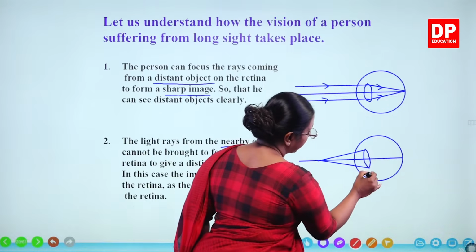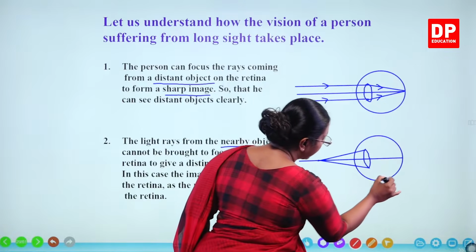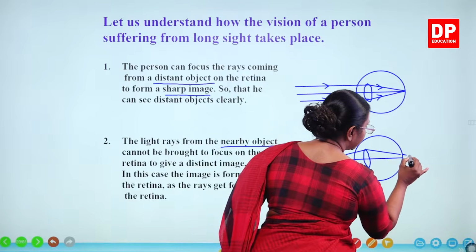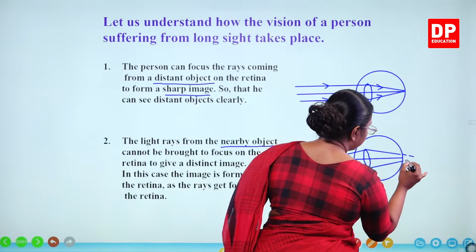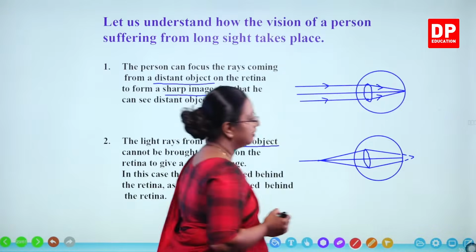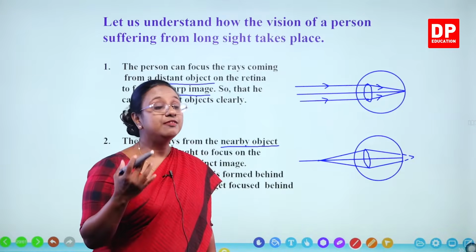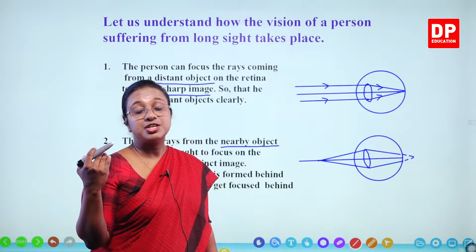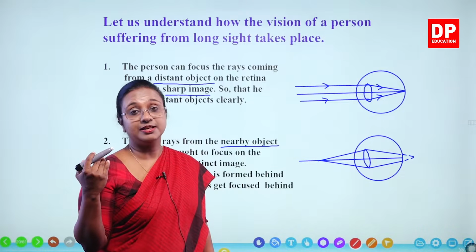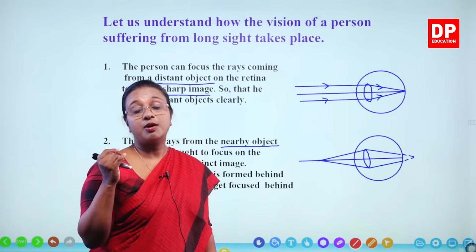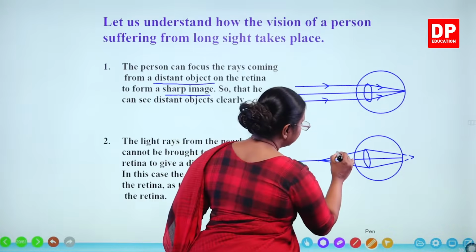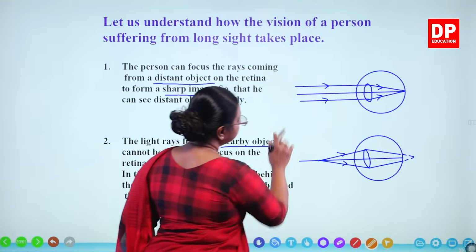Because the curvature cannot increase or because the eyeball is too short, the rays will converge behind the retina. If the image forms behind the retina, the information cannot be given to the optic nerve. So, you cannot observe close objects clearly. So, this is the problem here.